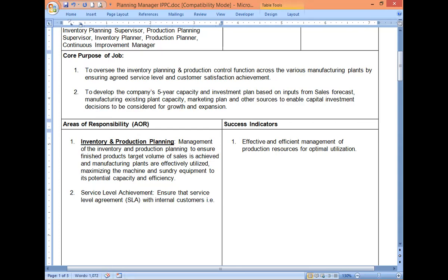I would say IE, that is manufacturing. Manufacturing. Who else? Maybe sales. They are all your customers. Sales and marketing for promotional products, right? Including the product development.